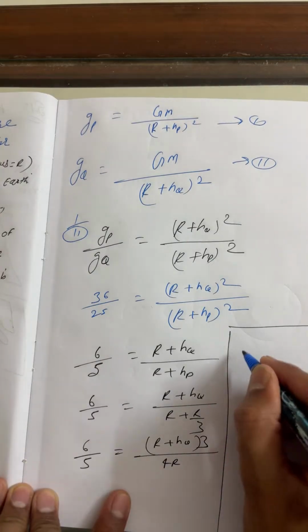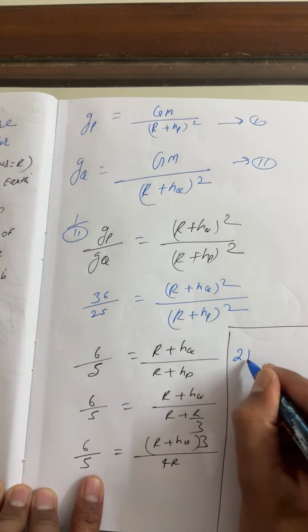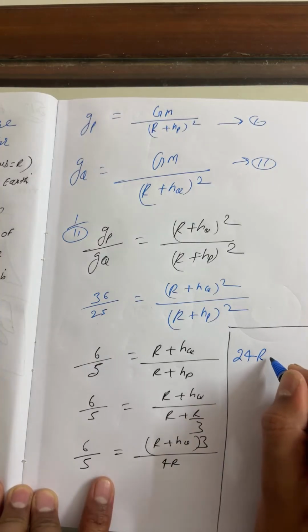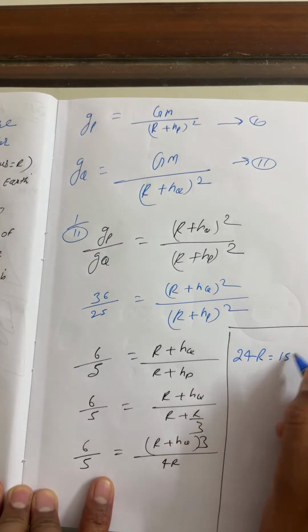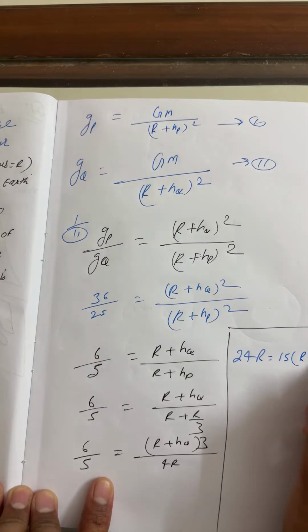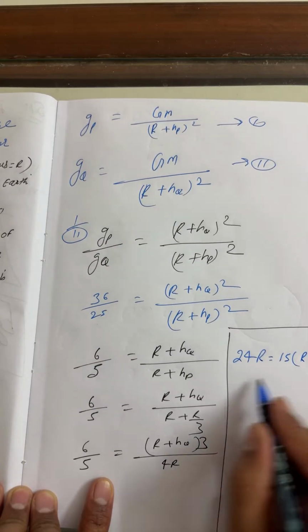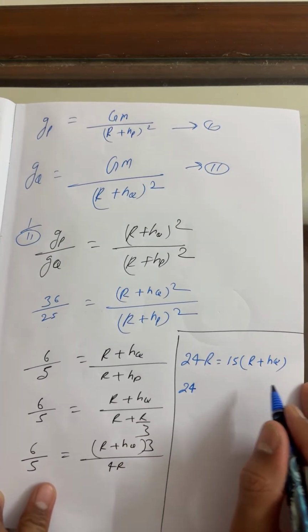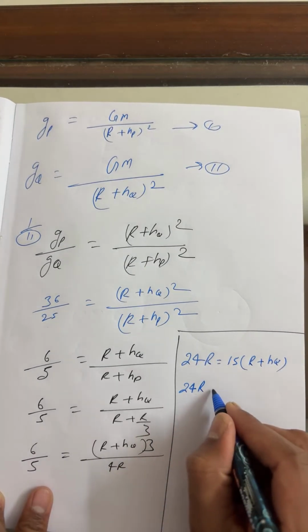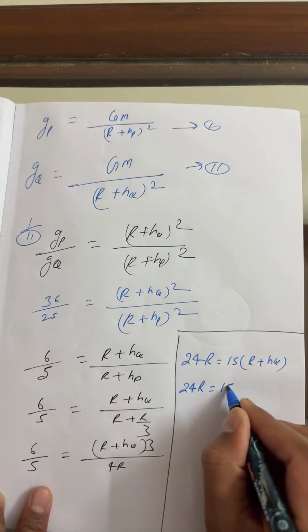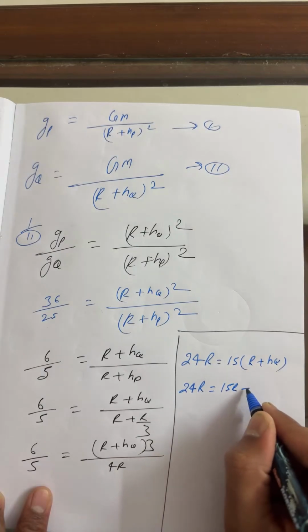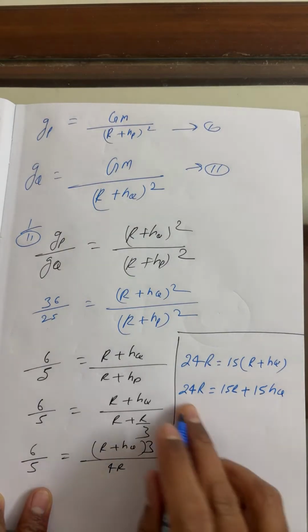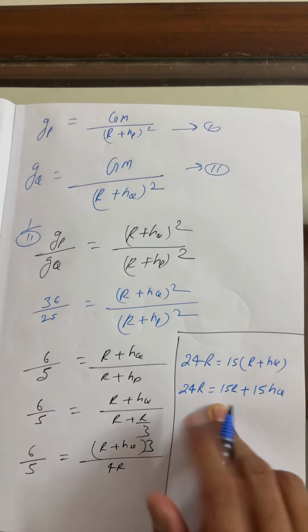Just cross multiply, you can see 6 times 4 is 24R. 24R is equal to 15 into (R plus HQ). Just do a simple calculation here. 24R is equal to 15R plus 15 times HQ. So how much here?